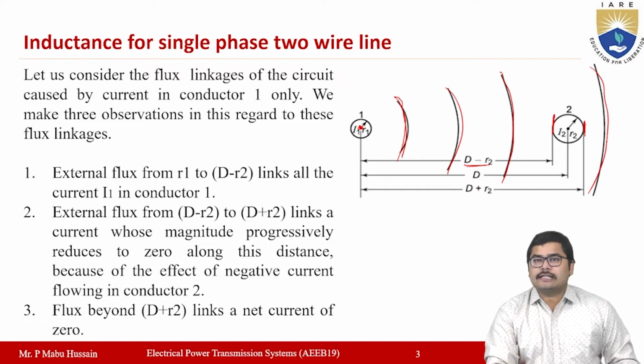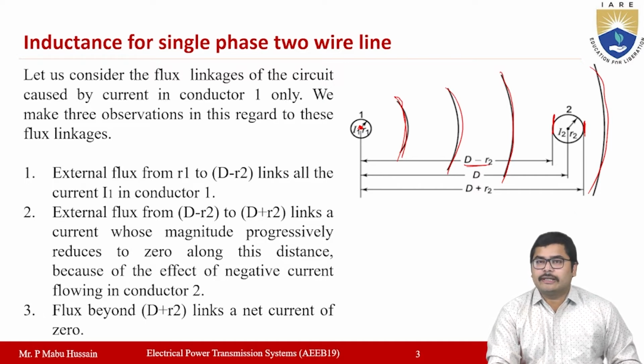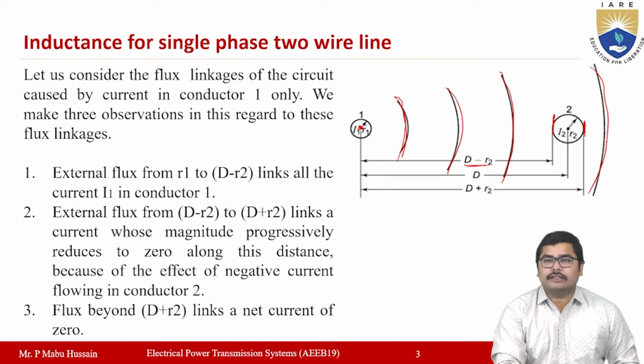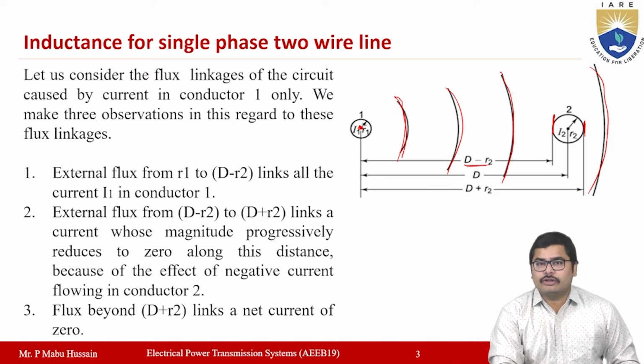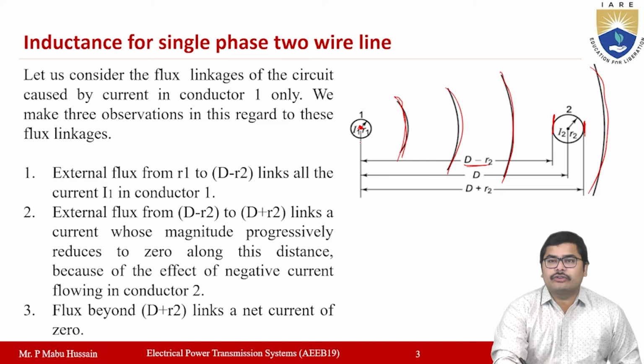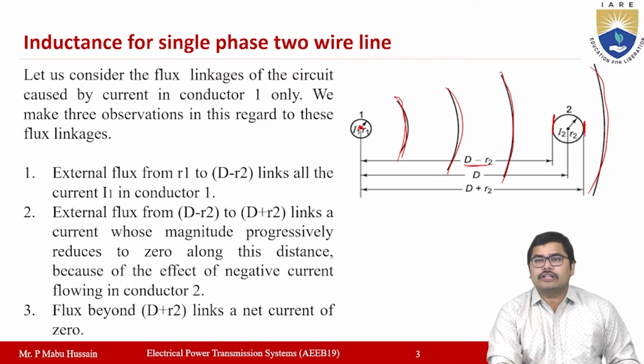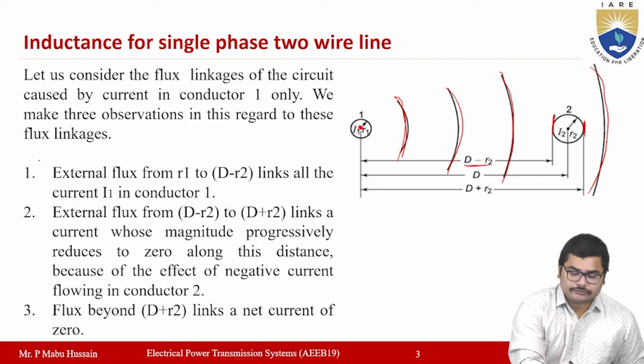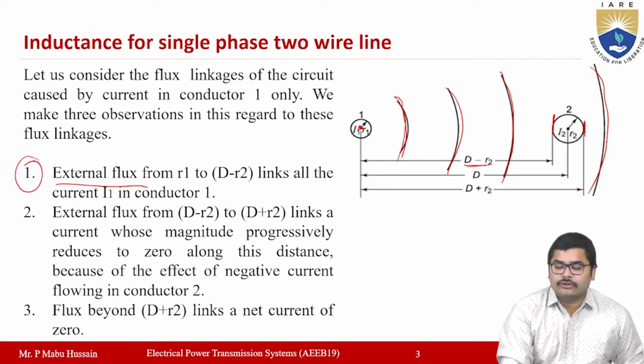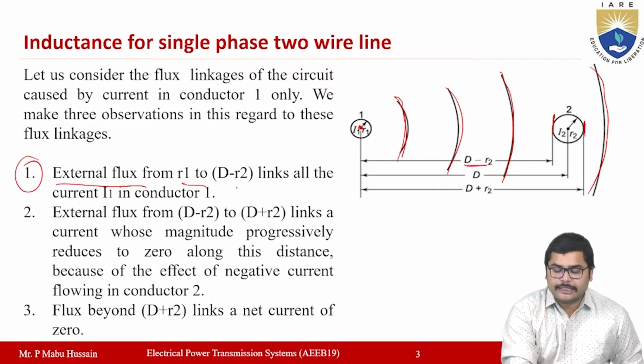So let us consider the flux linkages of circuit 1 caused by the current flowing in conductor 1 only. Initially we are assuming that the flux linkages of the circuit are caused by only the current flowing in conductor 1. In such a case, you need to make some observations. The first one is the external flux from R1 to D minus R2.